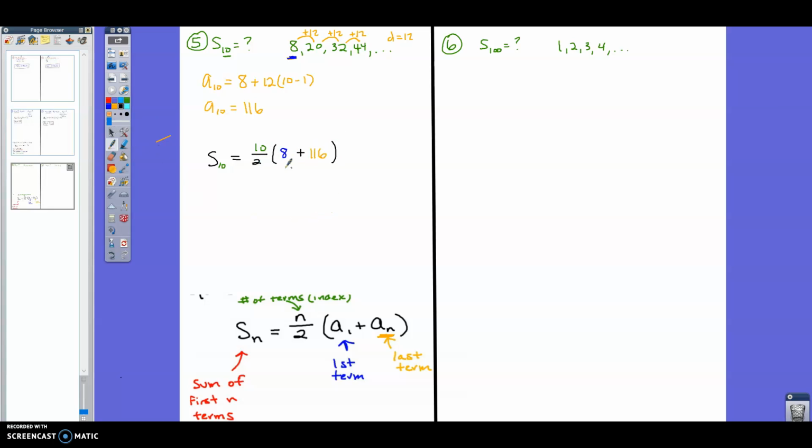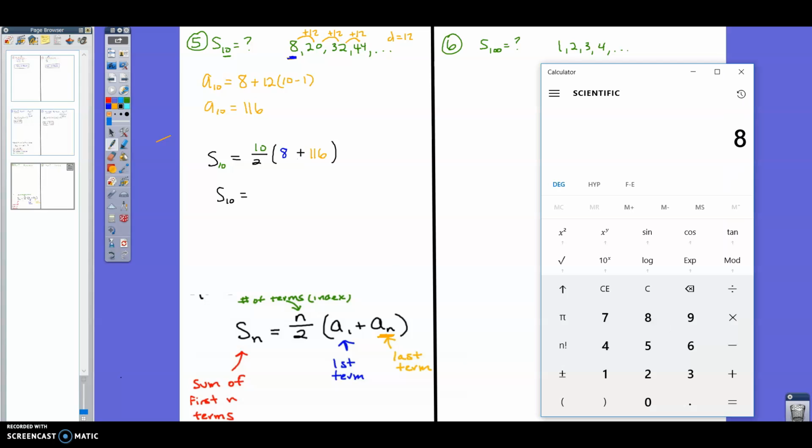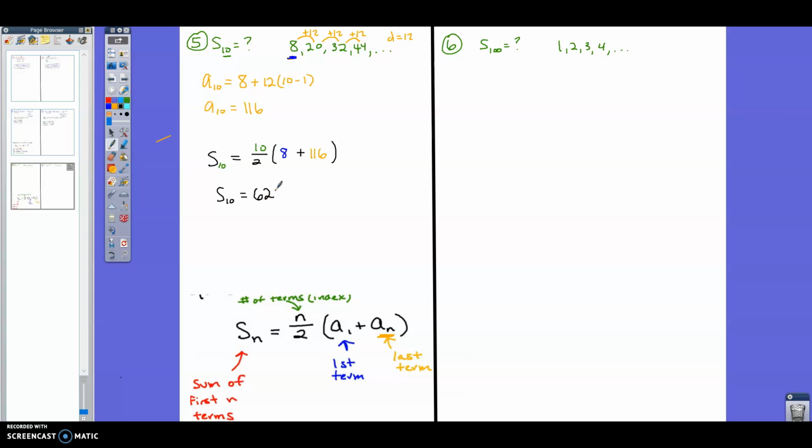So now all we got to do is evaluate this side, and that'll tell us our answer. So if we add those together, it should be 124. And then we're going to multiply that by 10 divided by 2, which is 5. So we get 620. So that's basically saying if you were to continue this pattern out to the 10th term and then added all those numbers together, they would add up to 620.